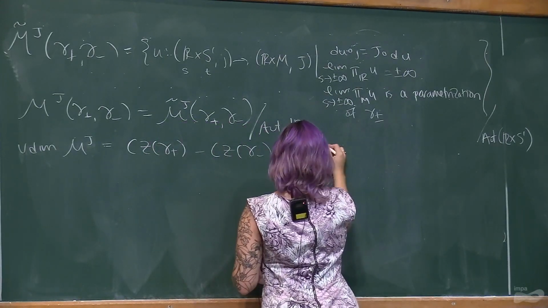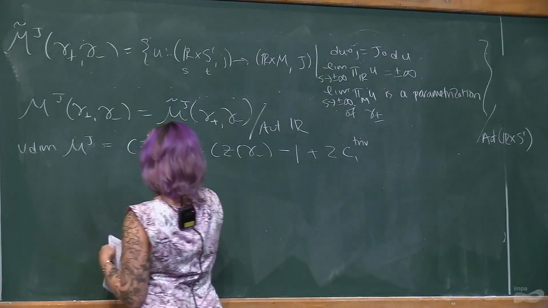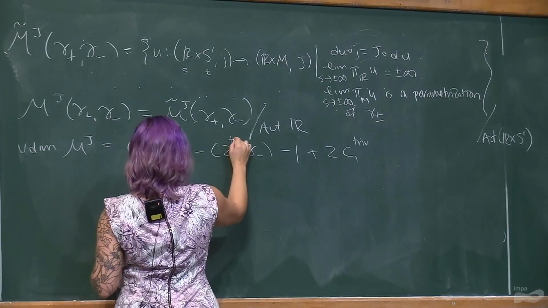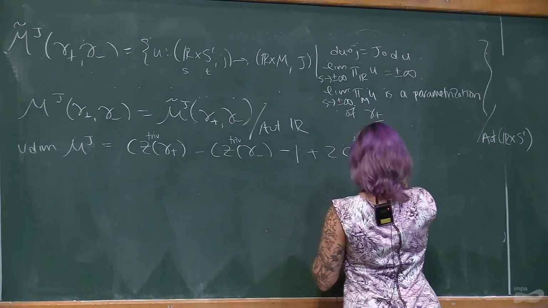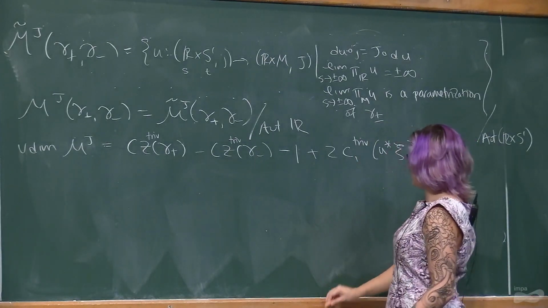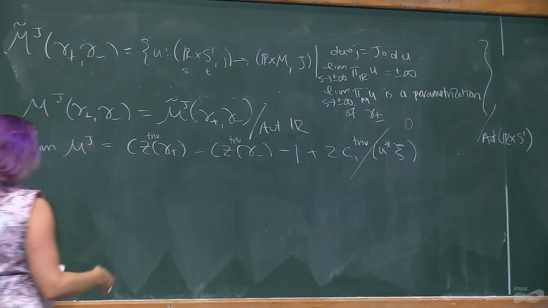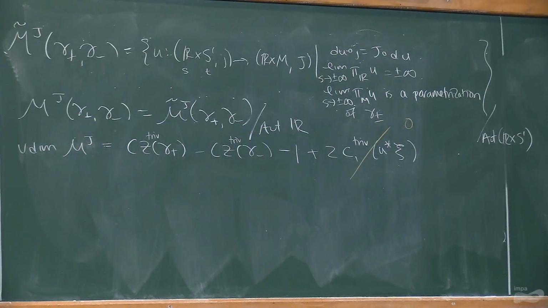And then I have a first Chern class term of u pullback of xi, which depends on the trivialization, as do these Conley-Zehnder index terms. But usually you can pick a nice trivialization so that you can just make this term 0, and then you can ignore it for the rest of the time.